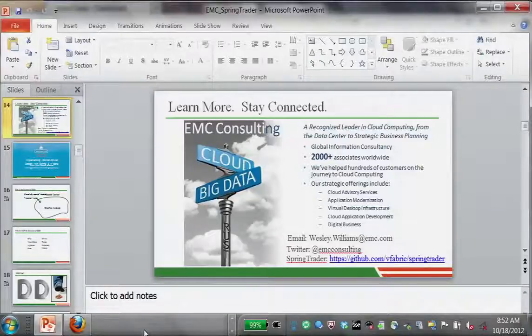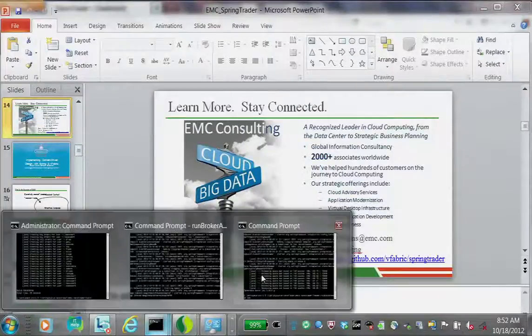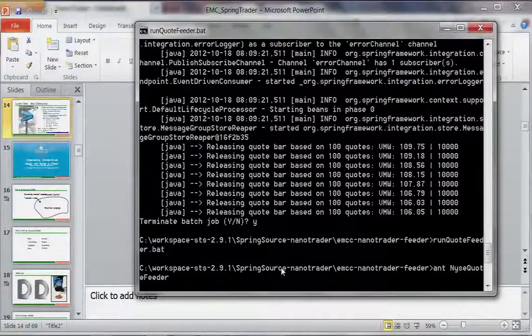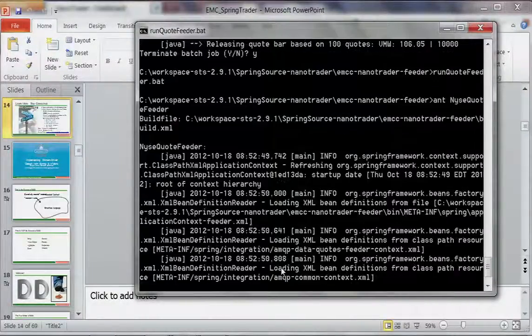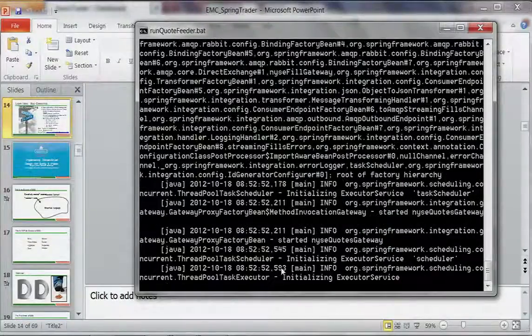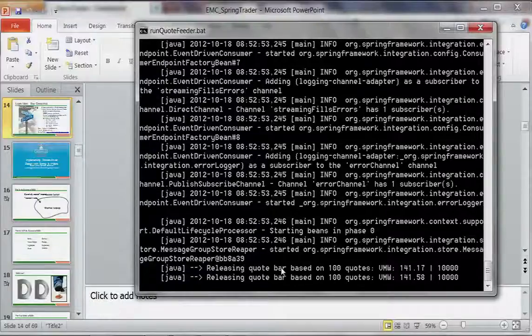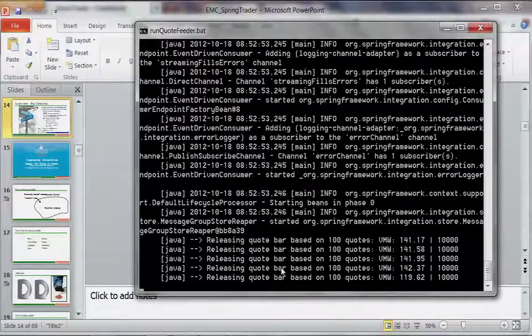So I've already launched all the SQLFire and the application, but I'm going to start up the quote feeder. Here, run the quote feeder, and so you'll see it. What we have here is a quote feeder just banging out quotes, and then I just show here on the screen when a quote bar is released.